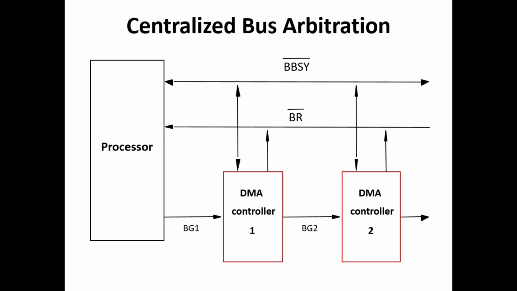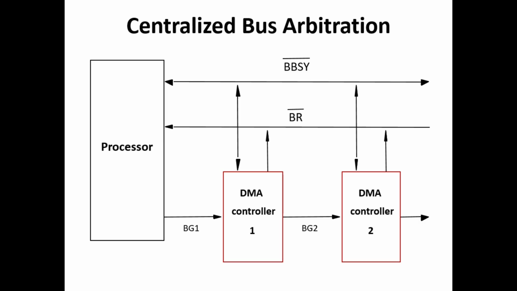In centralized bus arbitration, there will be a bus arbiter who takes control of the entire arbitration process. A processor itself can behave as a bus arbiter and take care of bus arbitration, or sometimes there will be a separate circuit designed for the bus arbitration process.